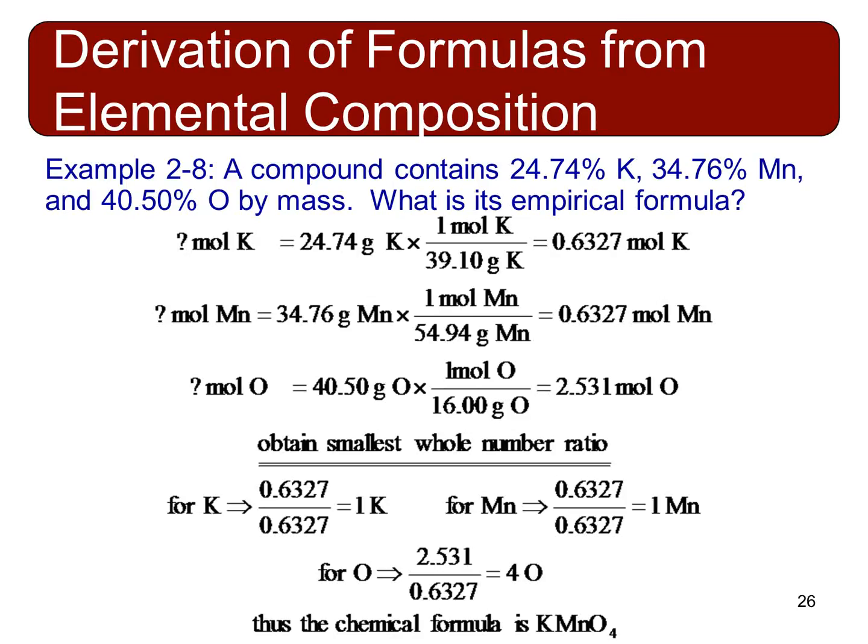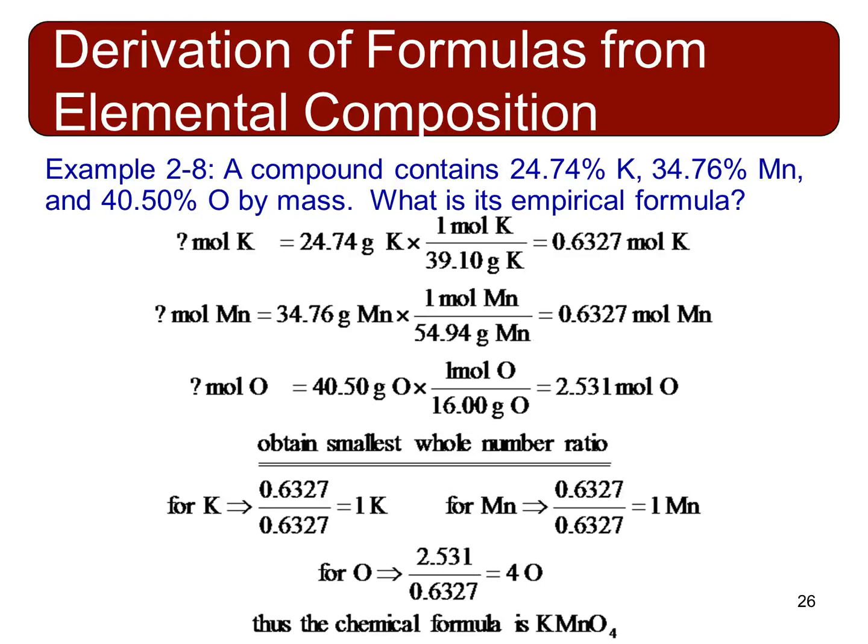One thing that gets students sometimes is that we can assume that out of 100 grams of whatever this sample is, 24.74% is potassium and so on. But we can also convert that percentage and just say that we have 24.74 grams as well. Does everybody see that? That throws people off on the exam. The reason we can do that is because all of our numbers add up to 100, so this percentage means it's out of 100.